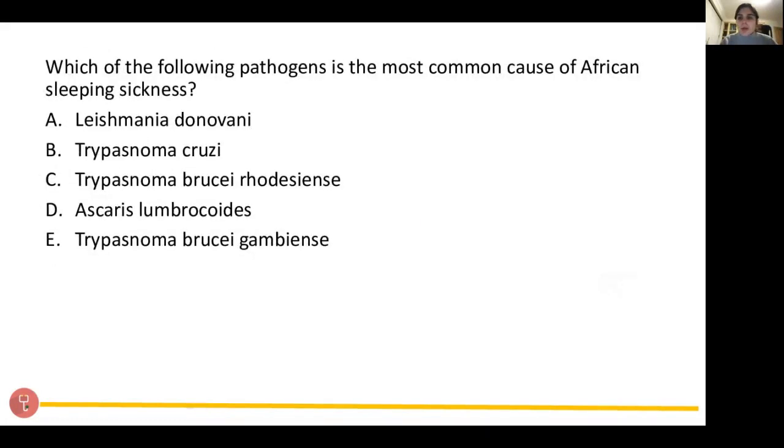So I am going to ask you the third question here. So start popping. Which of the following is the most common cause of African sleeping sickness?